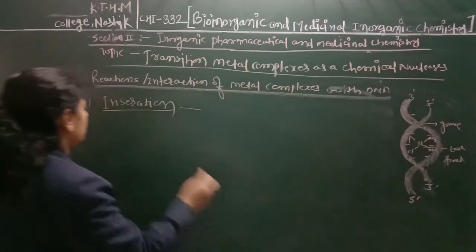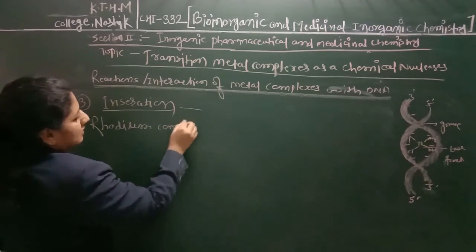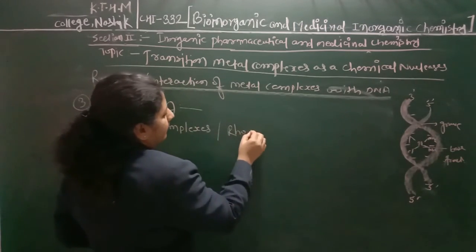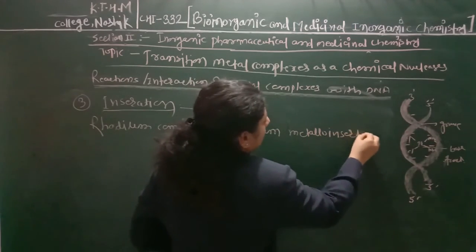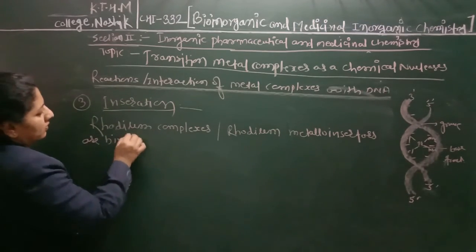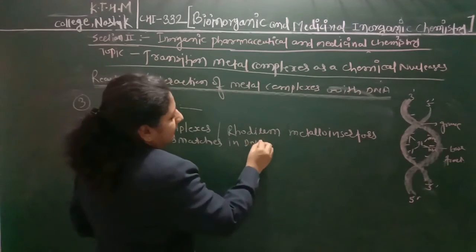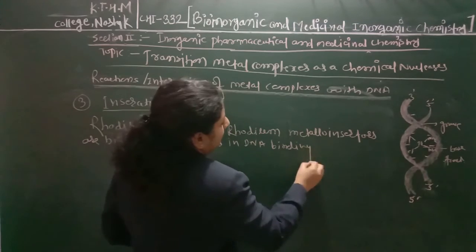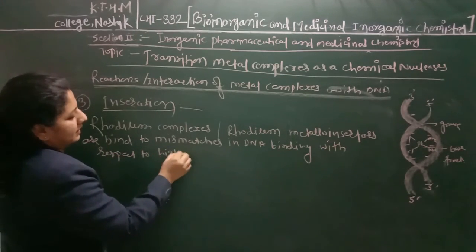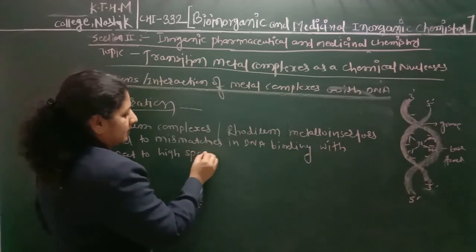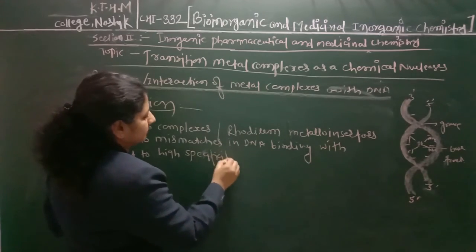Generally, rhodium complexes, the rhodium metalloinserters, bind to mismatches in DNA binding with high specificity and selectivity.